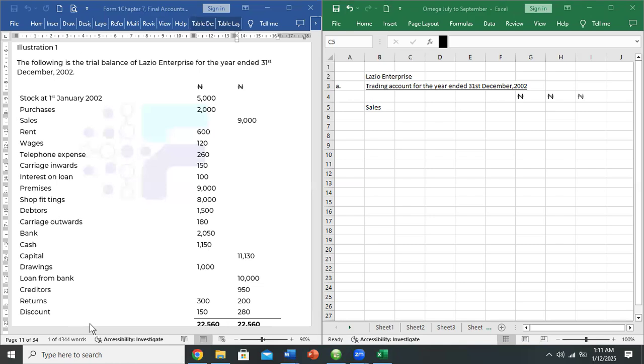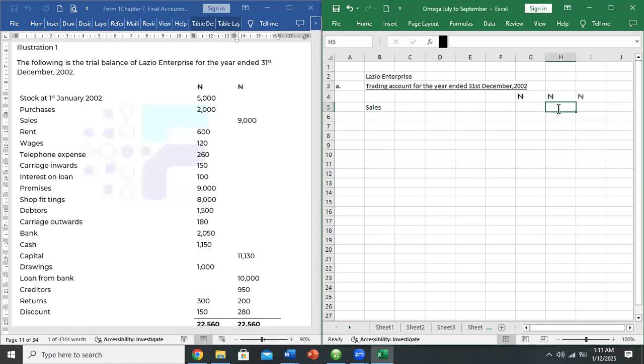Yes, which is the return inwards and which is the return outwards? Prof. Sandra. Yes, I think the debit side is the return inwards and the credit side is the return outwards. Okay, that's true. Okay, thank you very much.